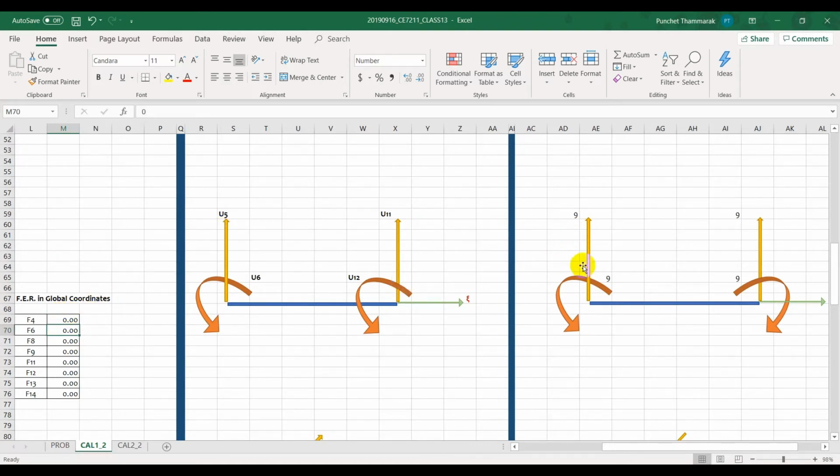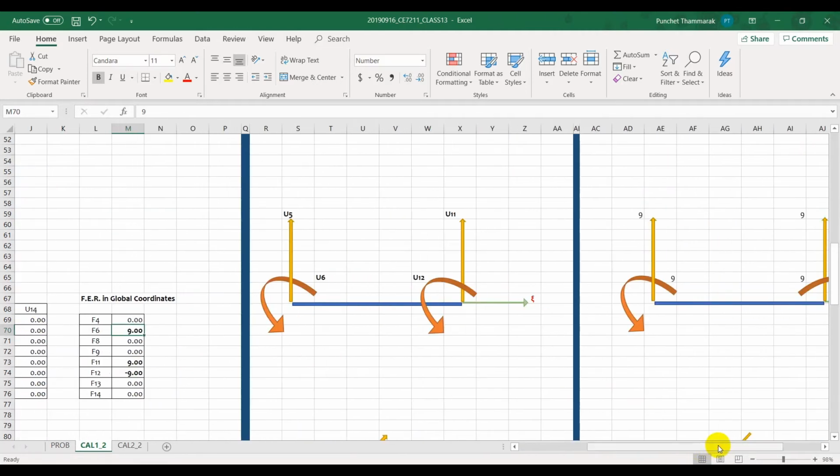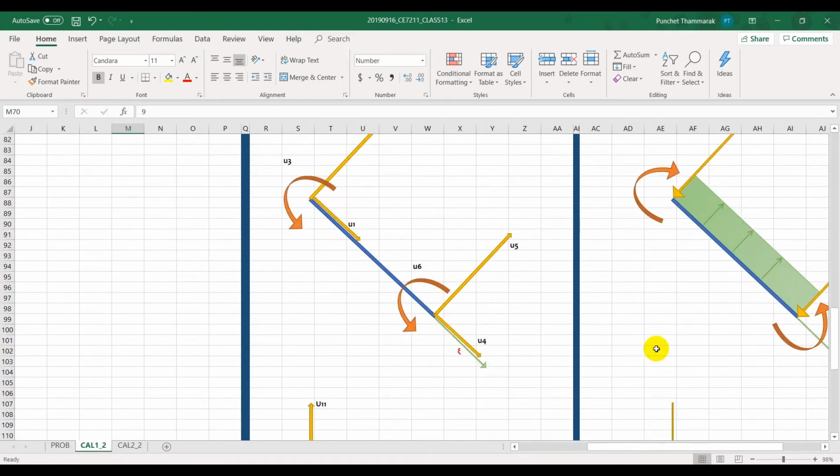You have the F6 being this one, right, which is 9. Number 8 is not there. Okay, we have 11. 11 is 9 upward, and 12 is minus 9 because it is clockwise. I highlight both faces and let's check. Okay, it is in the same lines as before as the stiffness, so it looks good.